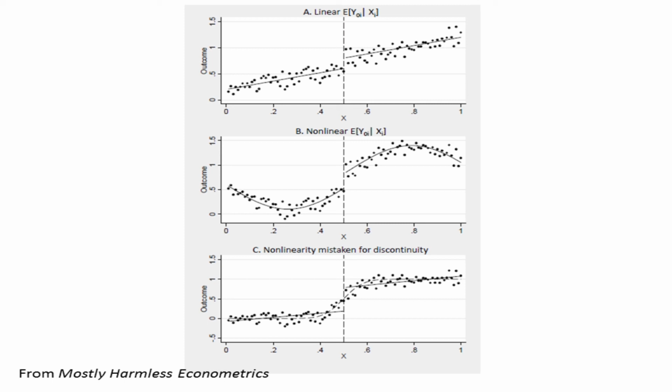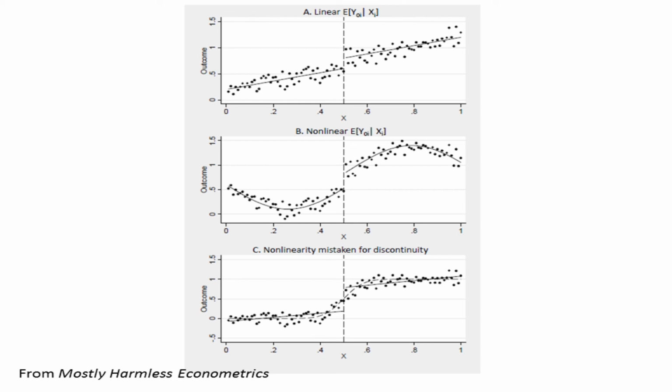In the bottom graph, it has been drawn with no discontinuity in it. This is a smooth function of the outcome against the running variable, but it's got a particular kind of nonlinearity. It's clearly not a quadratic. Hopefully you can see that if you were to focus on data very close to the discontinuity, you might stand a good hope of spotting that there isn't a discontinuity, because you hopefully wouldn't estimate that straight line there.